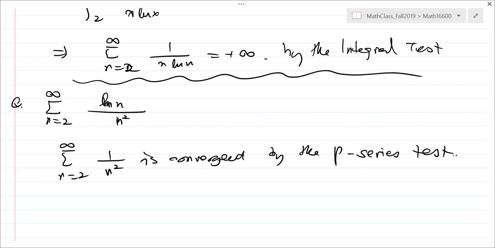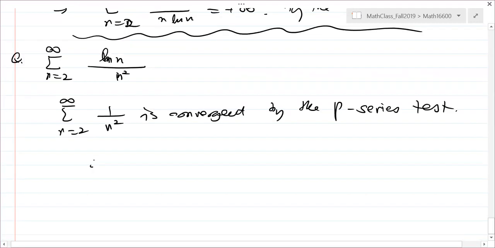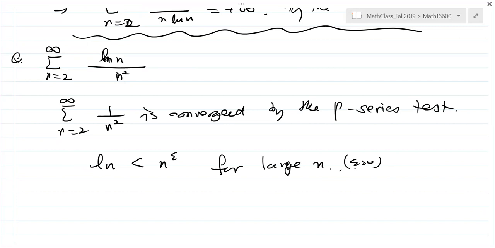The reason is natural log of n compared to n is really small. It's always less than n to any small epsilon, for large n, where epsilon is positive. That helped me get to the conclusion it's convergent. But this is a comparison test. The reason is, yes, natural log of n is getting larger and larger, but it's not large enough.